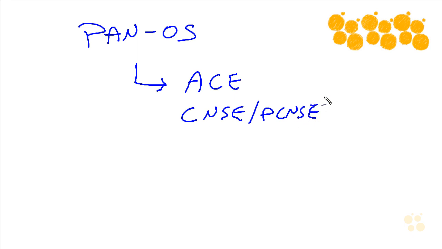We're just getting started here with the fun stuff, working around the wonderful world of PAN-OS, the Palo Alto Networks operating system, and we talked really about what this course is going to deliver to you in terms of helping prepare you for the ACE certification, the Accredited Configuration Engineer, and the CNSE/PCNSE, which is Palo Alto Networks Certified Network Security Engineer.